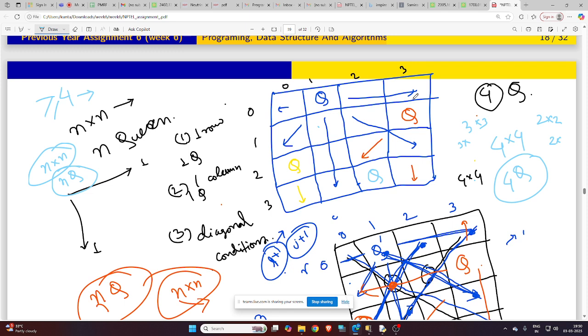Coding the solution, overall structure, all solutions.